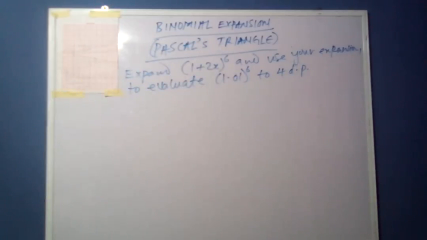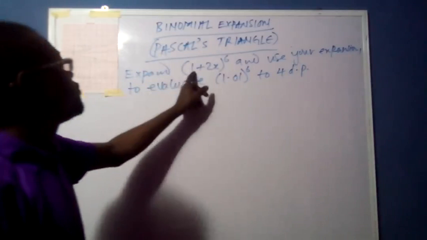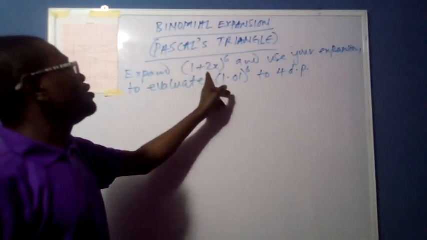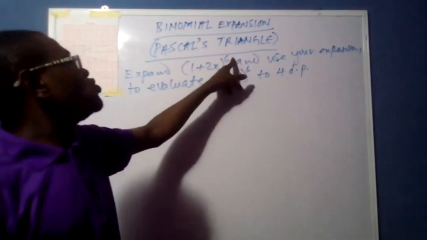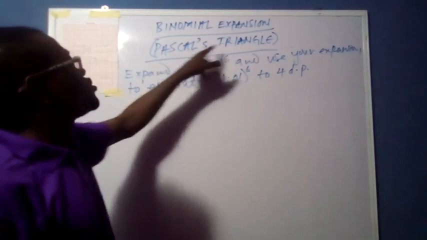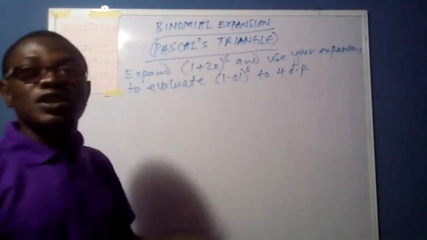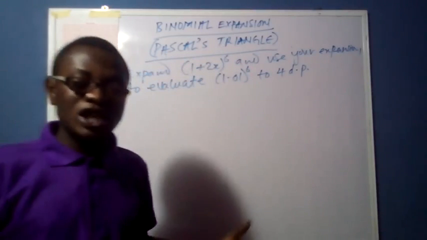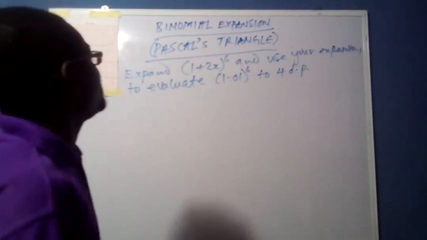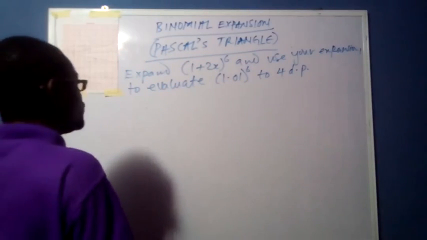Now, to use Pascal's triangle, this particular binomial expansion is raised to the power 6. So we're going to be using Pascal's triangle to get the initial coefficients of our expansion. So what do I mean by that? How does Pascal's triangle work?